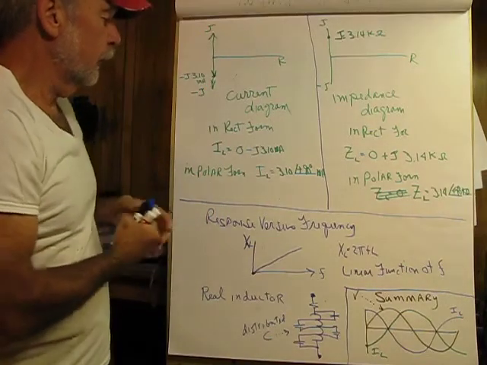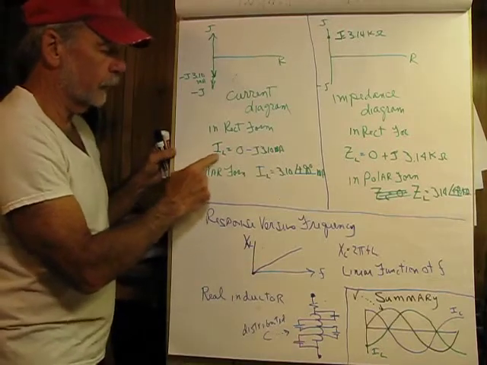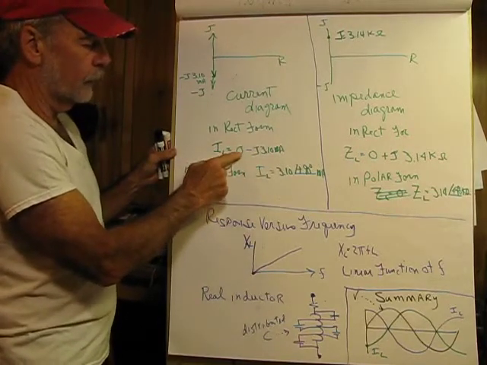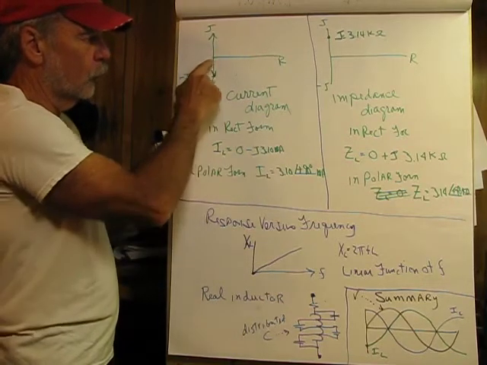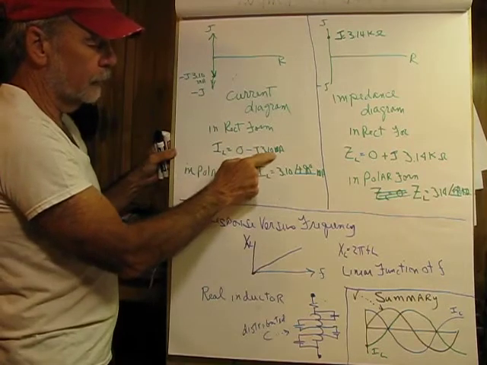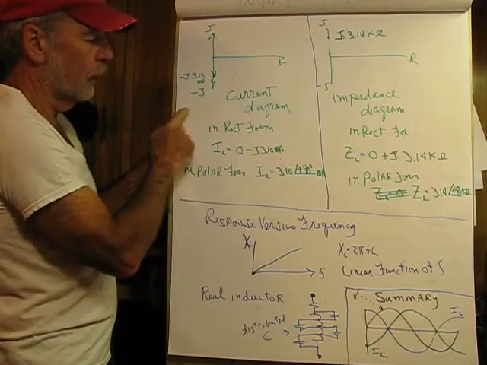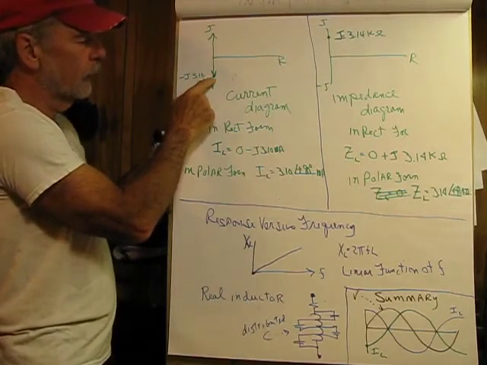So, putting it together here for a current diagram, in rectangular form, the inductor current would be equal to 0, meaning there's no real current here, minus J 3.10 milliamperes. So it'll be sitting on the negative J axis.